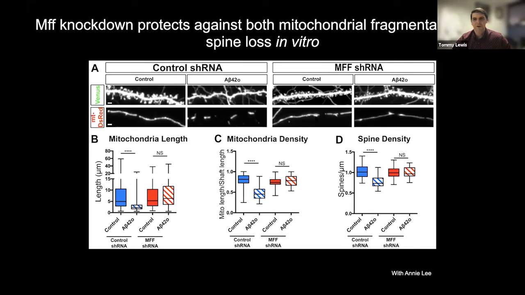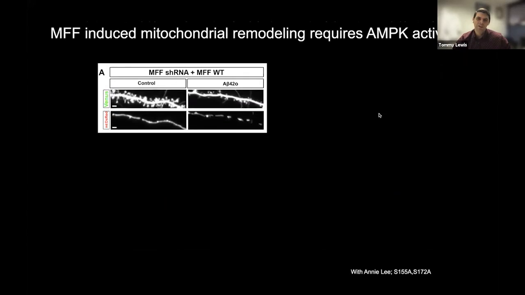So can we find a way to look at this more specifically by focusing on the phosphorylation by AMPK? And so to study if this is specific to the AMPK phosphorylation, we use what we call a replacement strategy experiment, where we knock down the endogenous MFF, mouse MFF, and then we replace with either human wild type MFF or human MFF, where different serines have been replaced by alanine to block this phosphorylation by AMPK.